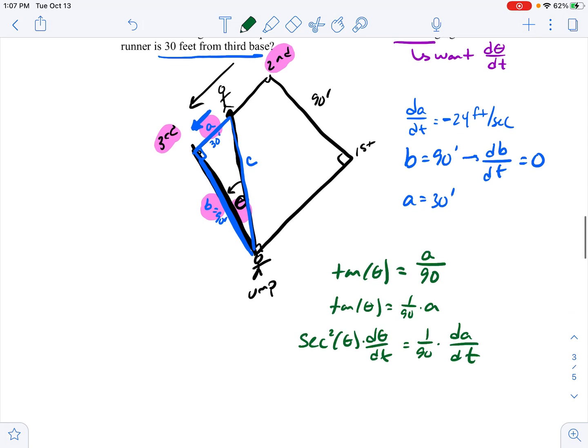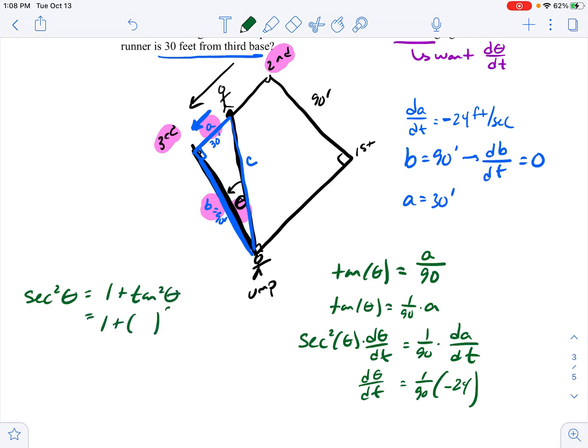If we have secant squared and we have dA, we can solve. We do have dA. That's negative 24. And I'm going to use my identity just to reinforce it, because I can get the tangent value pretty easily here. Tangent is going to be 30 over 90 at this moment in time. And I'll clean that up a little bit.